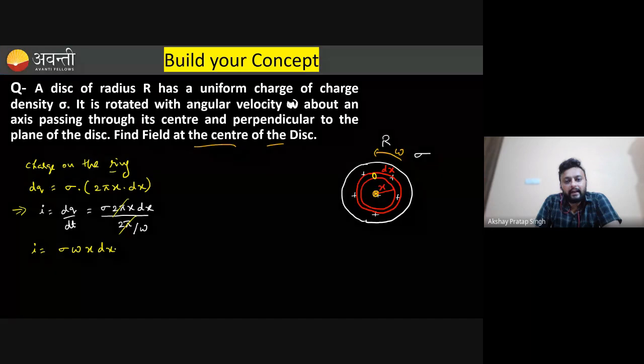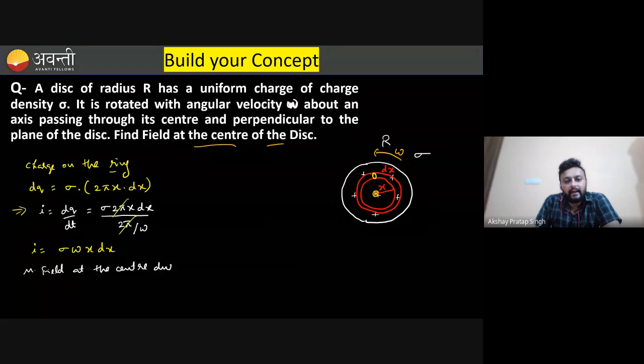Now, the magnetic field at the center due to this loop. You will say there will be a very small field dB is equal to, what is the formula? Just recall it: mu naught I divided by 2 and radius. Radius of the loop is x.